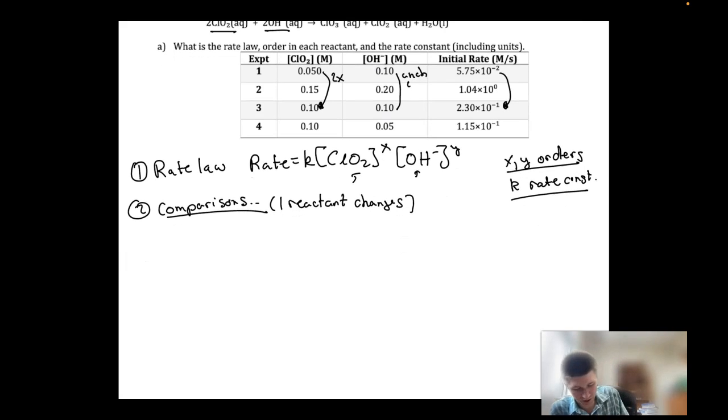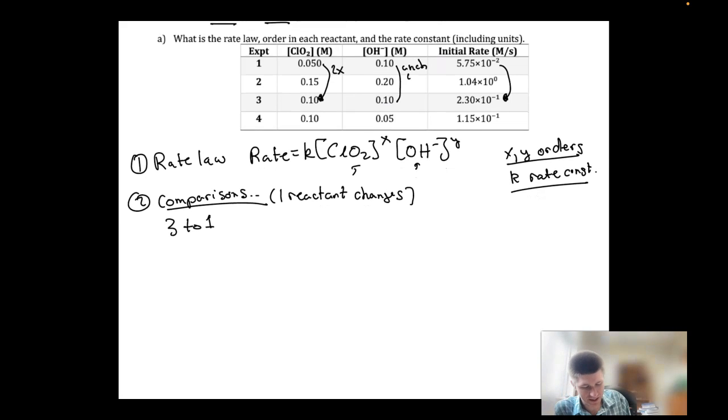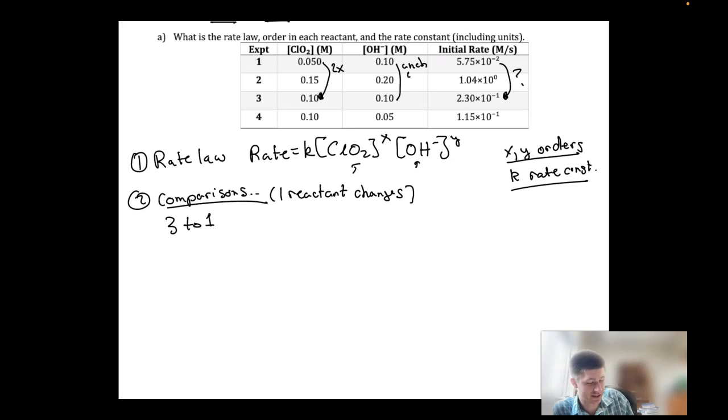If you can't see exactly what that factor is, just do the division. So we're going to compare 3 to 1. That means in math here, again, if you can see what this factor is, that's fine, but otherwise we can just do the division. The division here is 2.3 times 10 to the minus 1 over 5.75 times 10 to the minus 2.